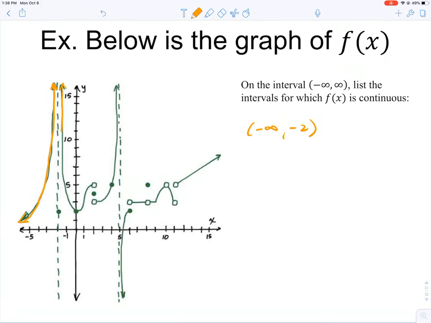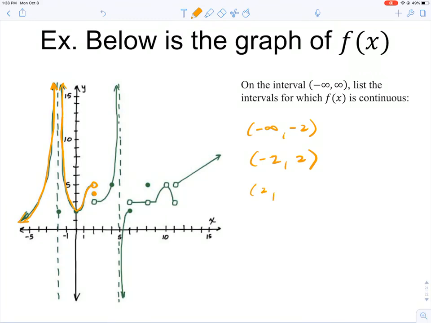And then negative 2 to 2. Notice I'm not including 2 because there's an open circle here. It looks like 2 is defined. But if we were to take the limit as x approaches 2 from the left, we would get 5. However, f of 2 looks like it's equal to 4.